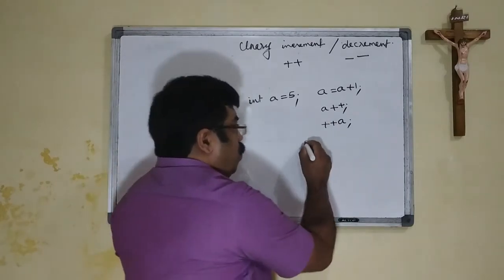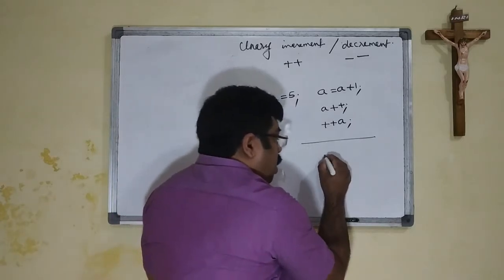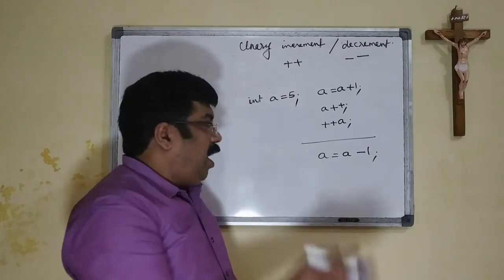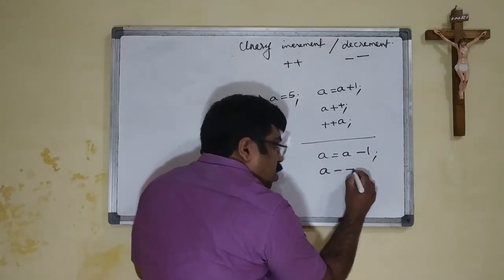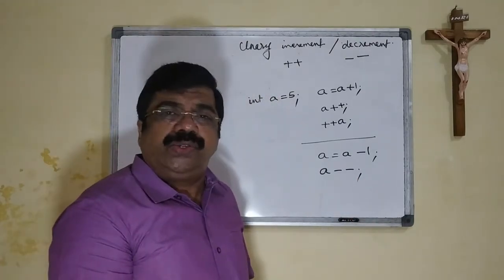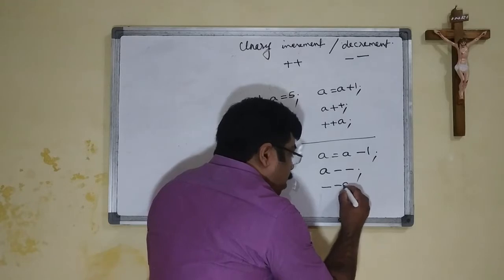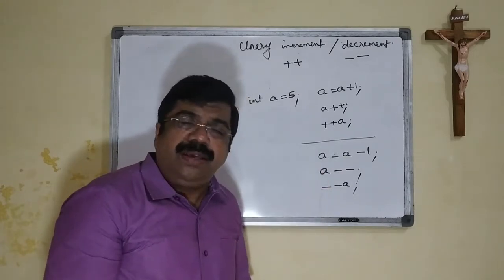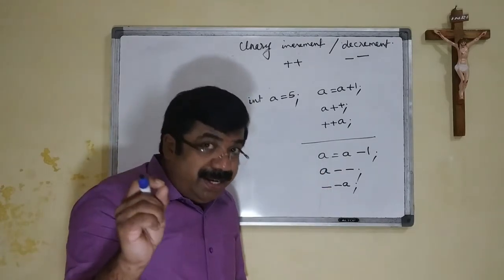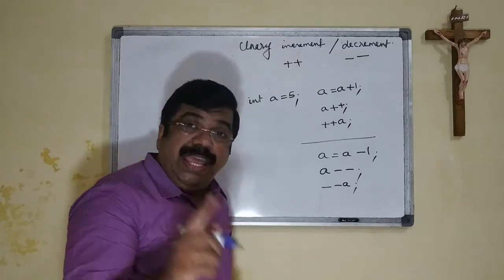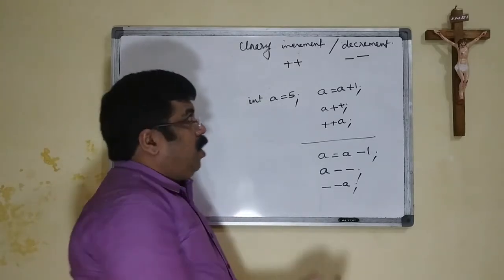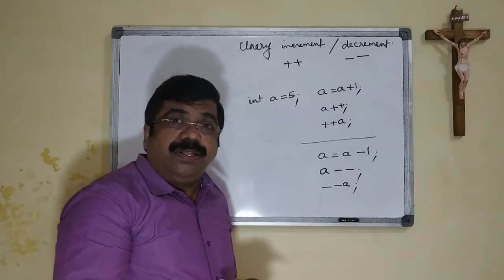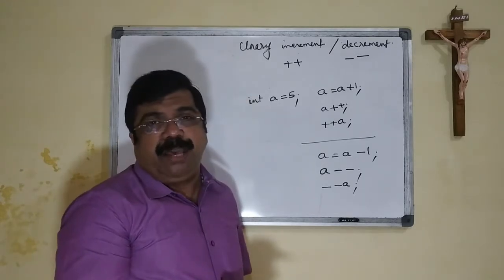We can do a is equal to a minus 1, and the same thing can be written as a minus minus as well as minus minus a. All these three are doing the same thing: decrementing the value of that variable by 1. So we call this plus plus and minus minus the increment and the decrement operators.